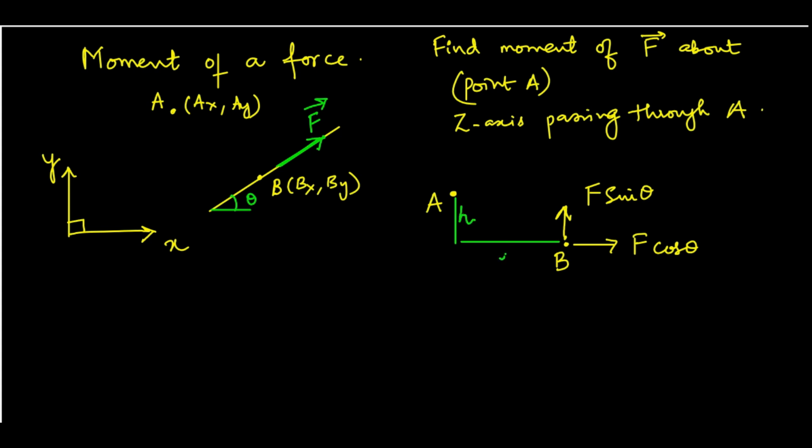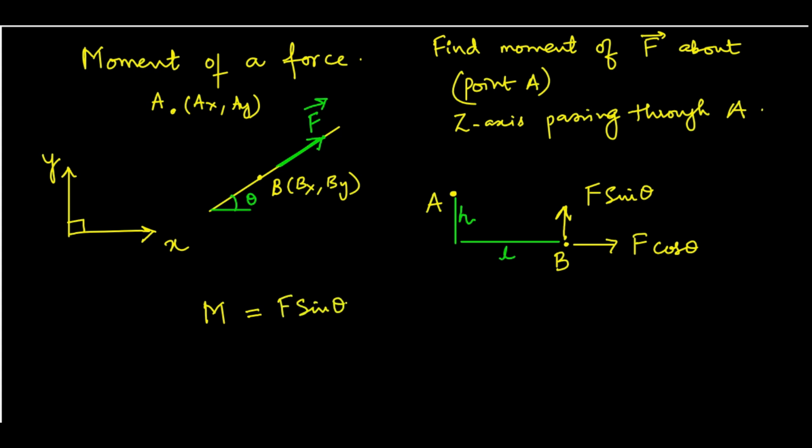So this is, let's call this H, this is length L. When you are computing moments about a point, moment about point A, you have your force F sine theta acting at a distance of L. Your moment is R times F, right?